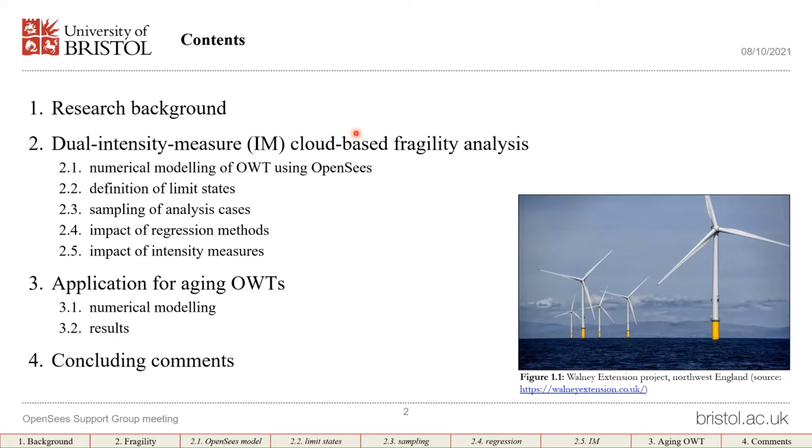We'll go through both the numerical modeling aspects, and we will then examine the impact of using different regression methods as well as different intensity measures on the final derived fragility functions. After that, we'll look at a very quick example for aging offshore wind turbines. And finally, we'll close our discussion with a few words of comments.